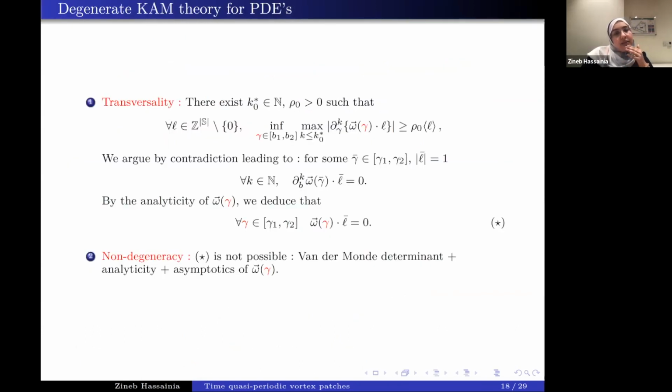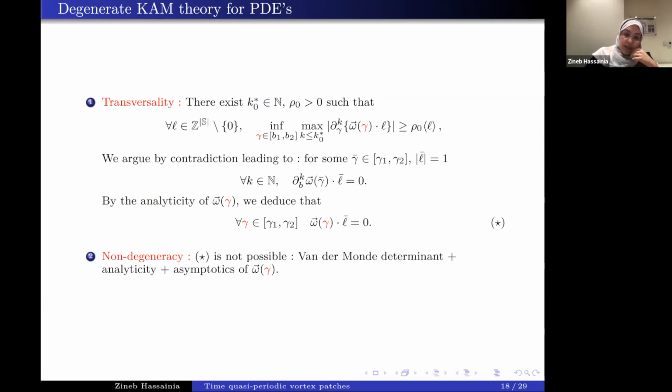And this can be done by arguing by contradiction, leading to some gamma bar and L bar such that this identity is true. And then using the analyticity of the vector frequency, we can deduce that this function is identically zero.